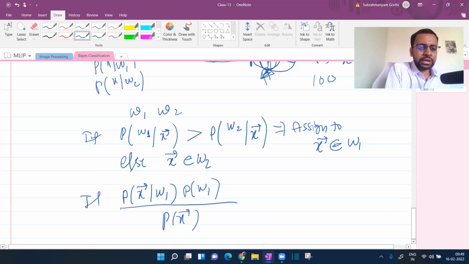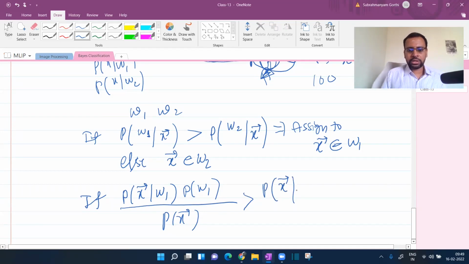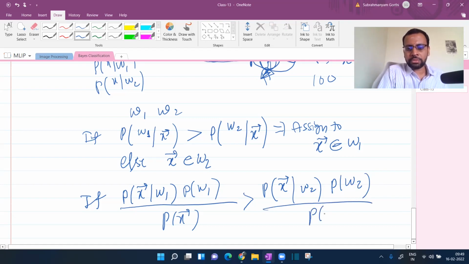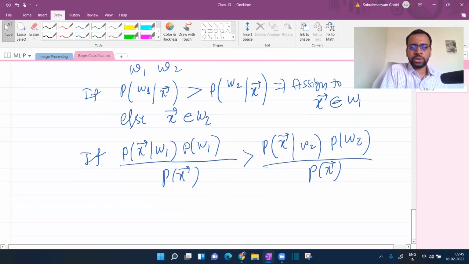So how could I write it now? If this is greater than P(x bar given omega 2) multiplied with P(omega 2) divided by P(x bar), then what do you do?